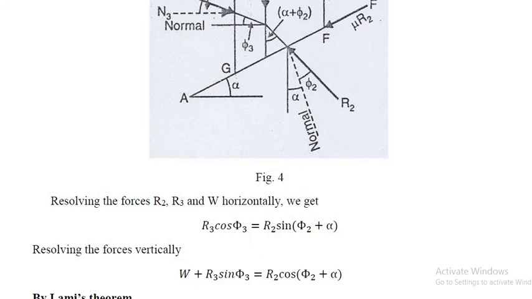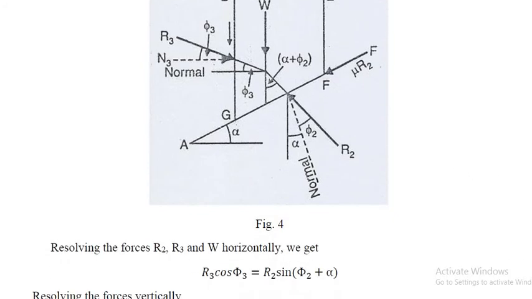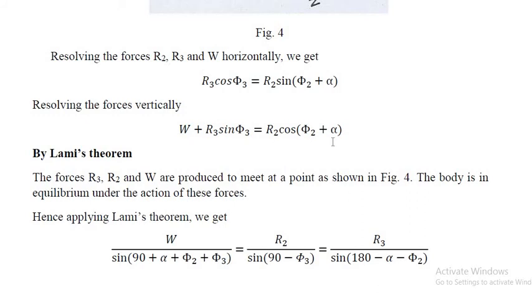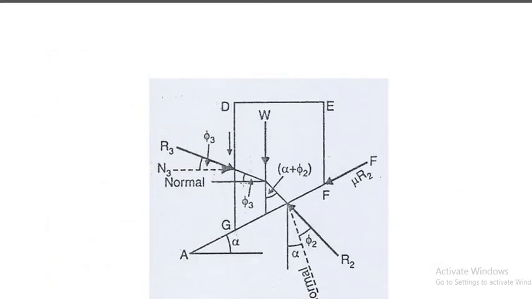Then if we resolve the components vertically, what do we get here? R3 sin phi 3 plus W equals R2 cos phi 2 plus alpha. So if we apply Lami's theorem, then what we get? W divided by sine of 90 degree plus alpha plus phi 2 plus phi 3.